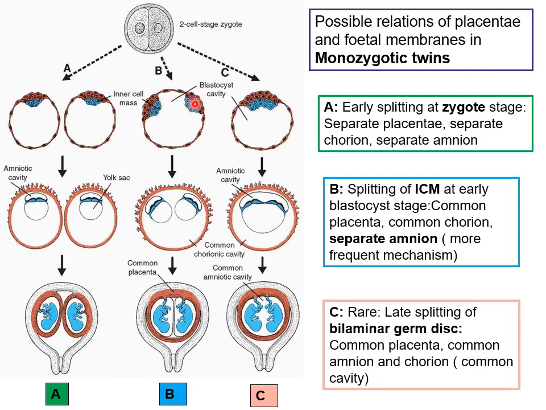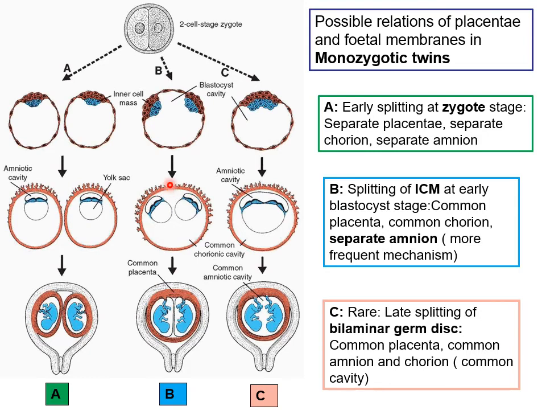If the inner cell mass splits into two inner cell masses, you can understand that there will be two amniotic cavities, two bilaminar germ discs, hence two embryos. But they will have a common chorion and a common placenta, and that's what's happening in the subsequent figures, right? Separate amnion, because each amniotic cavity develops in each inner cell mass.